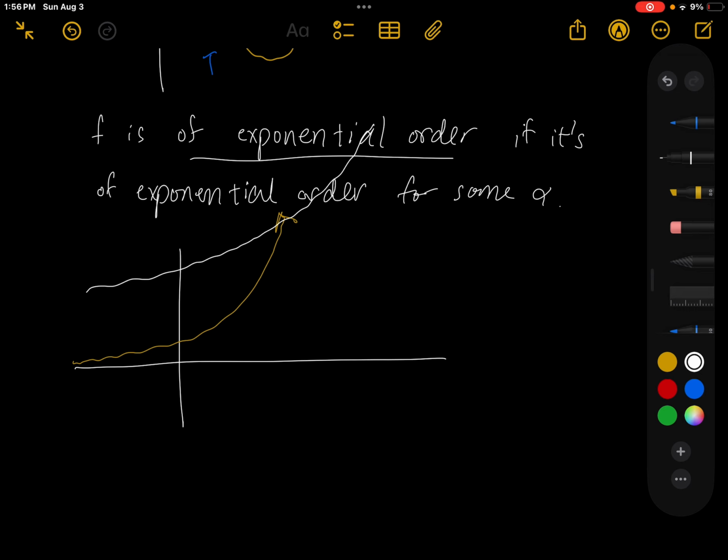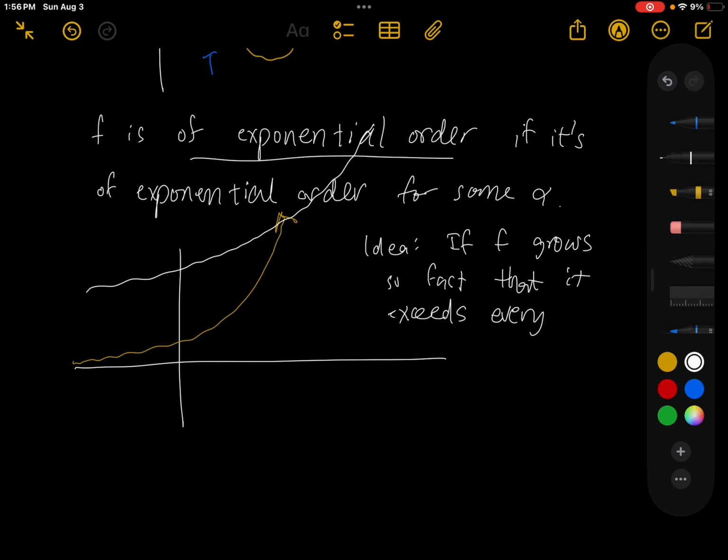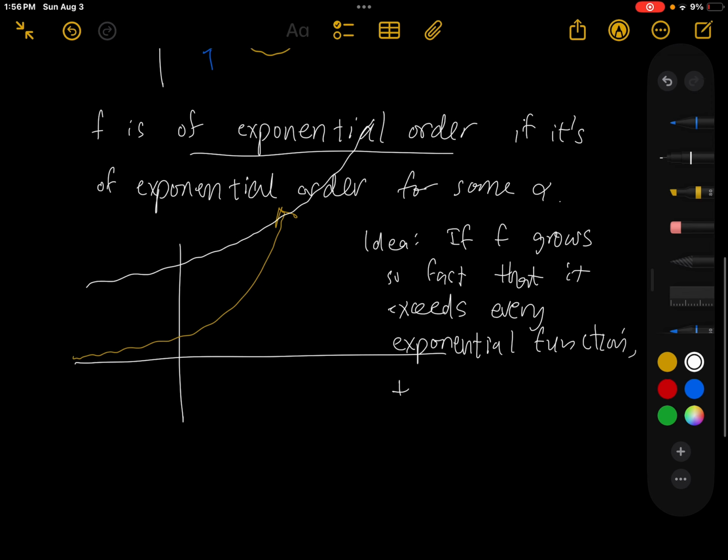So the idea is, if f grows so fast that it eventually surpasses every exponential function, then f would not be of exponential order.